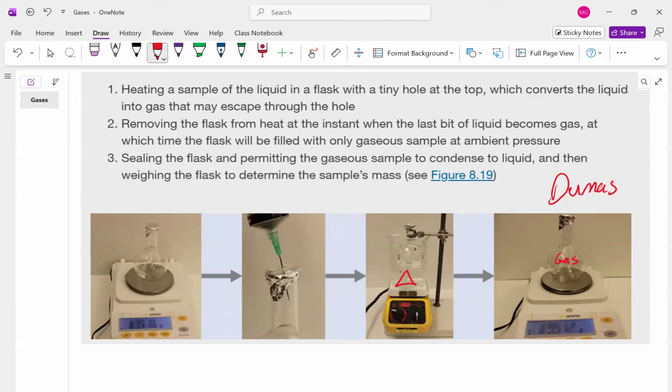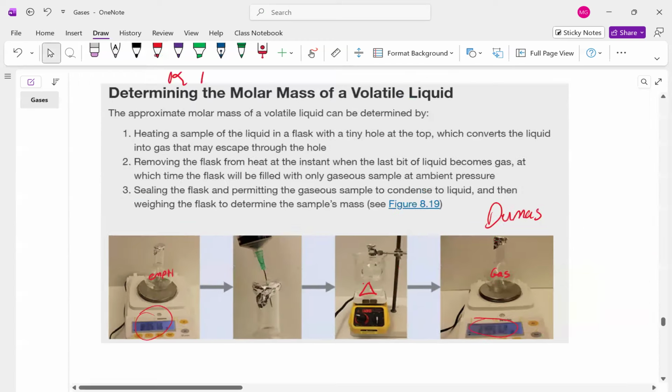If we know the mass before, when it is empty, and we know the mass afterwards, then we can start plugging that into our derivations and figure out the molar mass of that gas or volatile liquid.